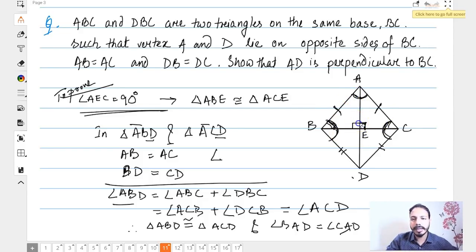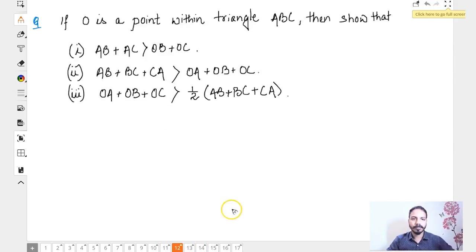So from there I can show that these two angles are equal, and the sum of these two angles is 180. That means this angle should be 90. Okay, so this is a simple one. Let's go to the next one.